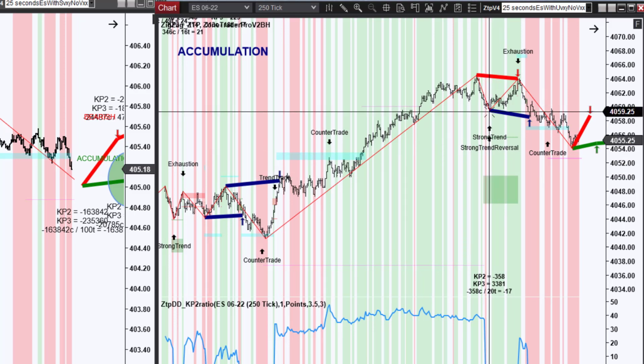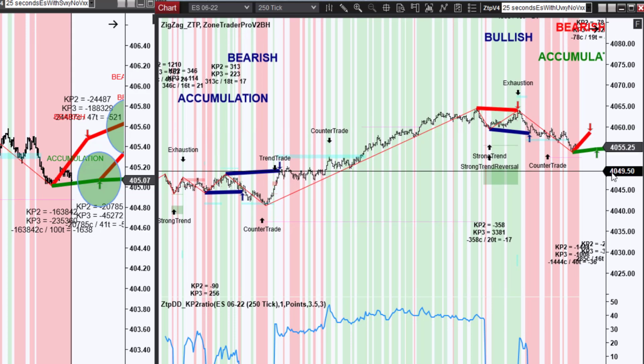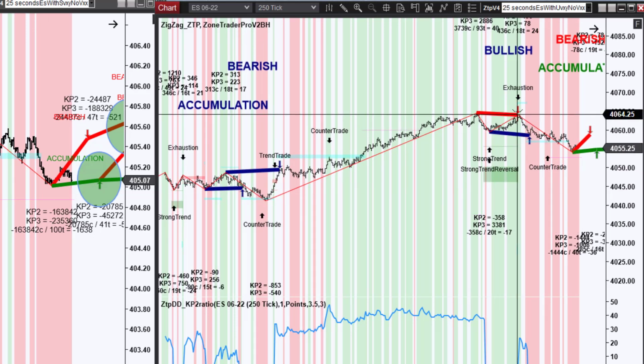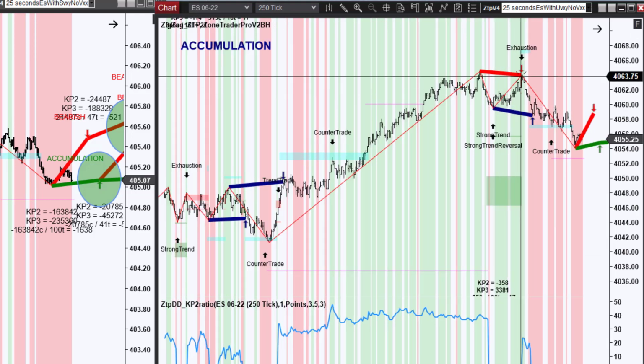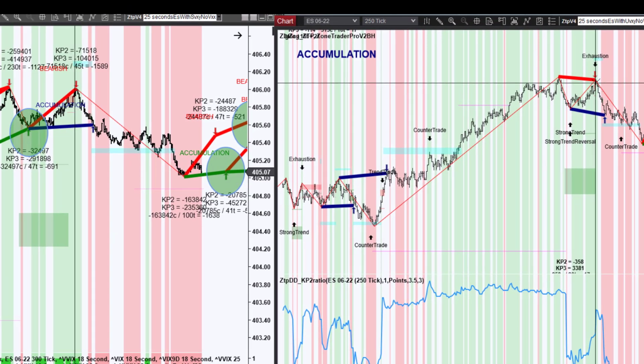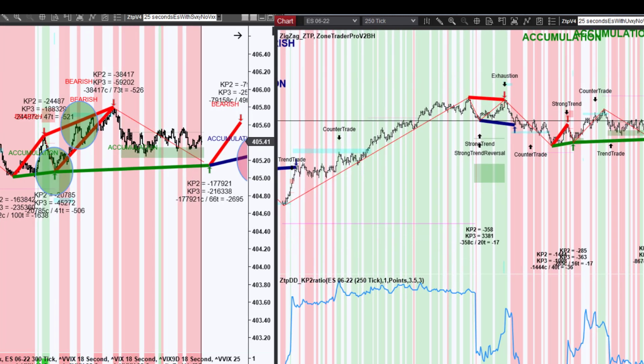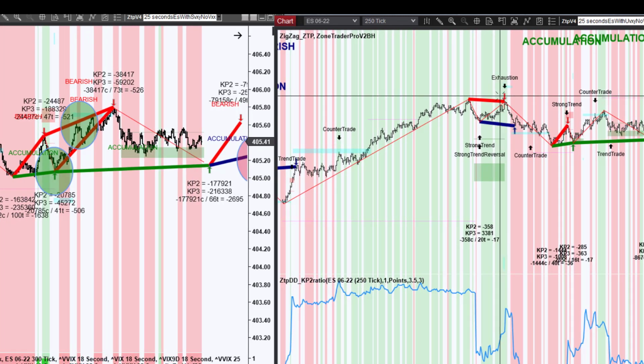And the problem is, as far as reward goes, the reward here was only 4.5 points. The exhaustion pattern combined with two divergences probably would make for a better trade, and that was worth 10 points right here. Now, you would have been trading against the VIX at that point.